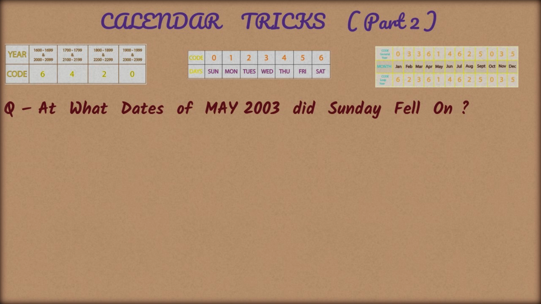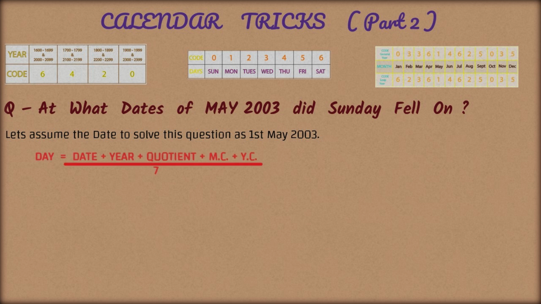So here, in order to find what dates were associated with Sunday, let us consider the date as 1st May 2003. Remember, in such questions, always start with the first day of the month, as this would make things easier. As we recall, our formula gave us the day on which our date fell. So, the required data for the formula is as follows.